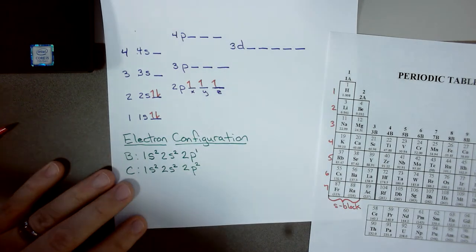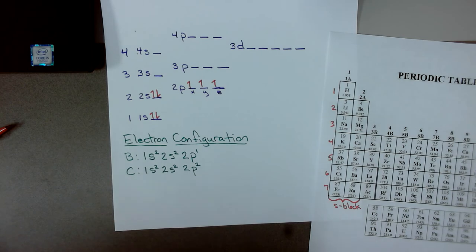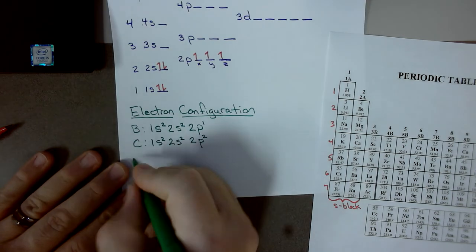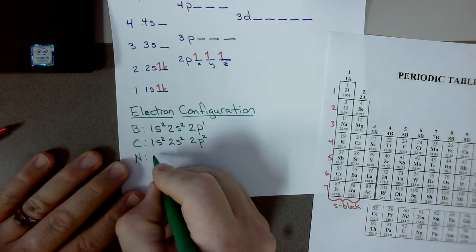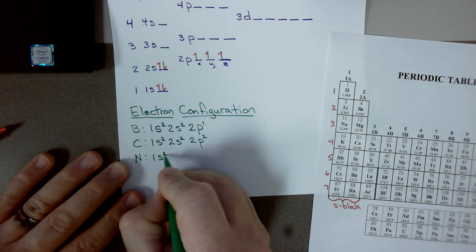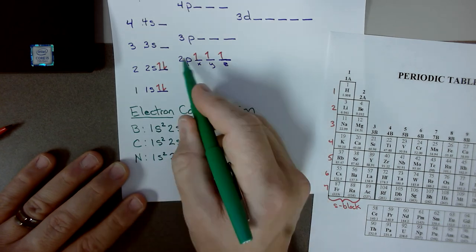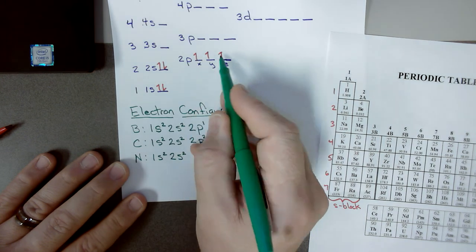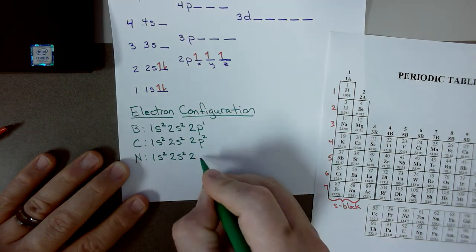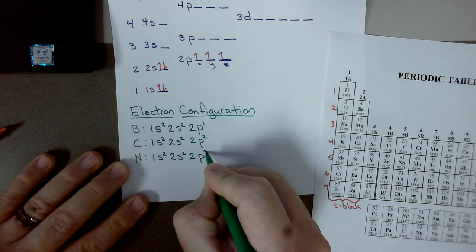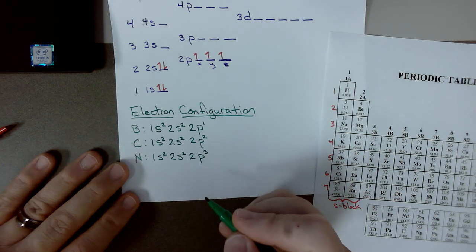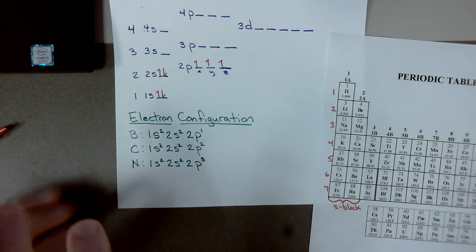And to write the electron configuration for nitrogen, I would say that nitrogen has a 1s2, 2s2, and now it's got 2p with 1, 2, 3 electrons. So that's a 2p with 3 electrons. And I'm going to continue this for a couple more.